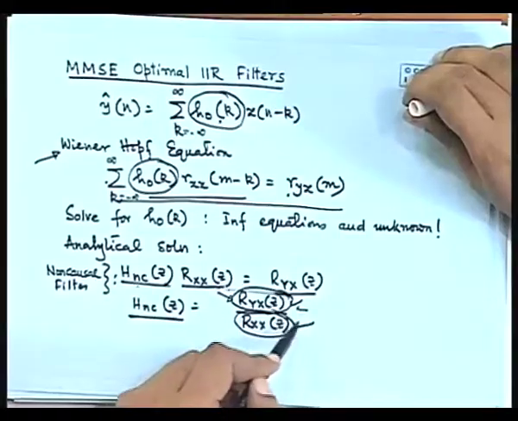You don't know how to do this so far, but if you could write the solution, then people say, okay, this is fine. At least you can do it analytically, symbolically, but this is for non-causal. Now, in some application domains, non-causal filters are useful.